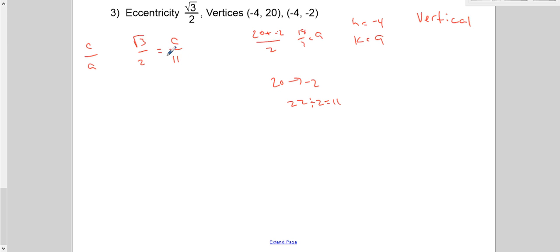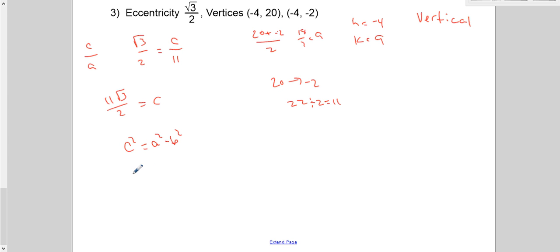All right, so we're going to take 11 times the square root of 3 divided by 2, and that's our c value. Now that we have c at 11 times the square root of 3 over 2, we would put c squared equals a squared minus b squared.